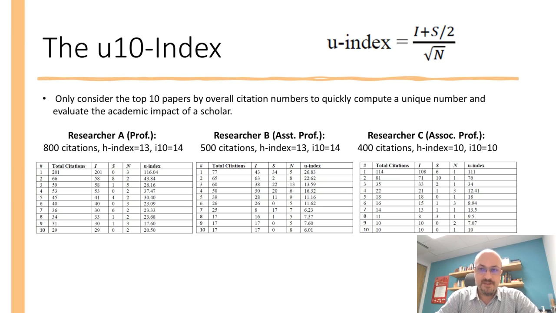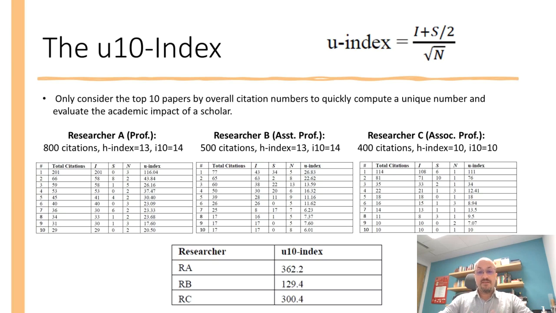And then last, researcher C, maybe an associate professor that has 400 citations with an H-index and I10 index of 10. And this researcher has still a low number of self-citations and worked either independently or in small groups. And we see that the U10 index is actually able to differentiate well among these three cases and give a value that is actually reflective of their seniority as well.